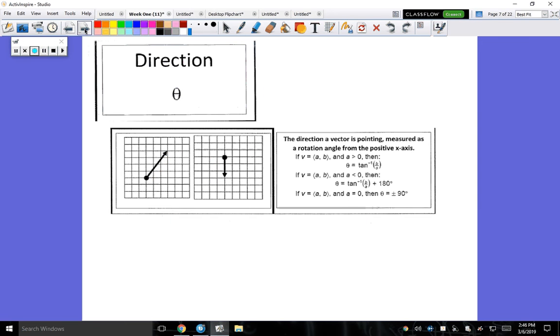Let's go to direction. This is the one people struggle with. But let me show you the easiest way. This is why people struggle with it. Look at all that. Ain't nobody got time for that, okay? So I'm going to simplify it for you. The direction is this: from wherever the vector's going to the closest x-axis.